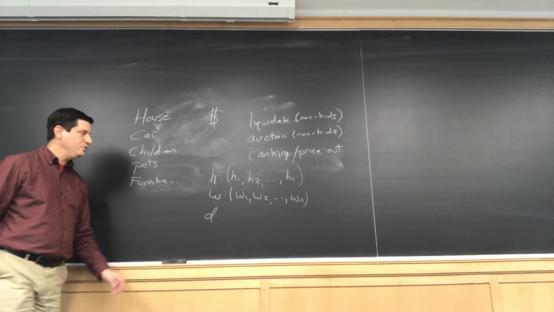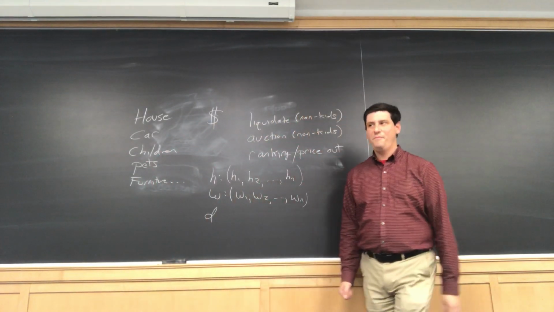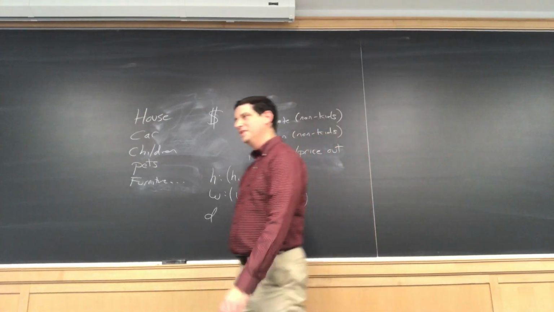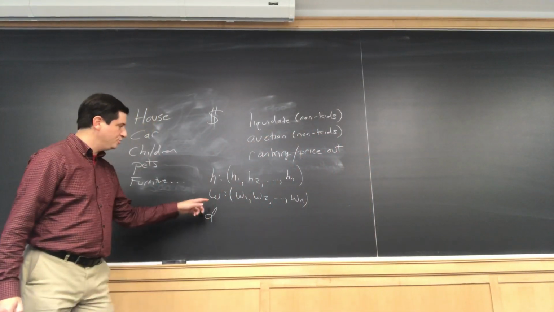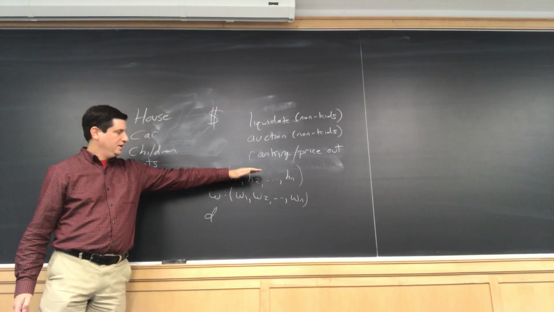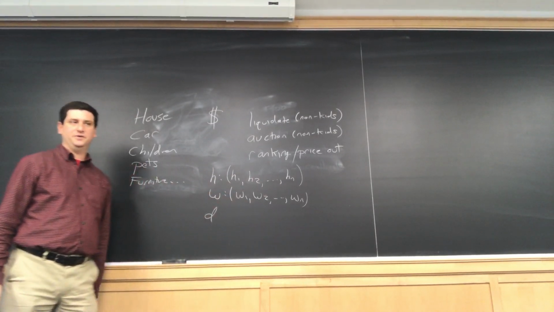Now the question is, how do you determine the worth of what the husband has? How much she's willing to pay for it. So what you can do is you could say, if I'm giving the husband items 1 through k, the wife will value that at, say, W1 plus W2 plus through Wk.